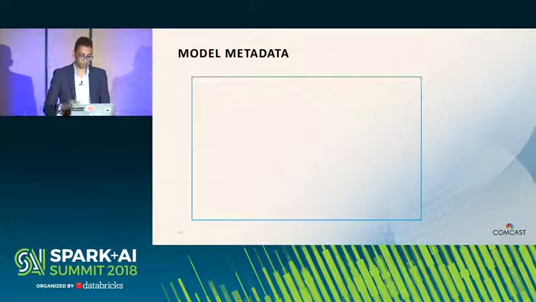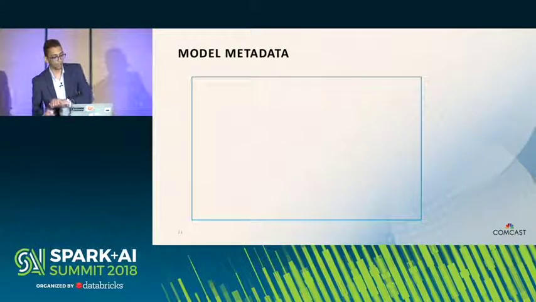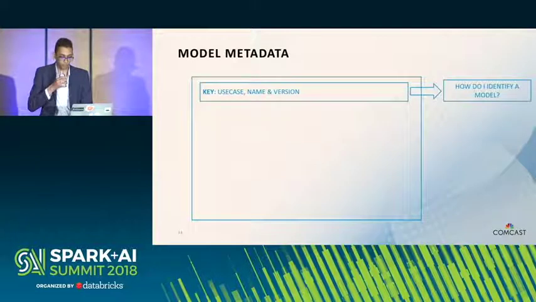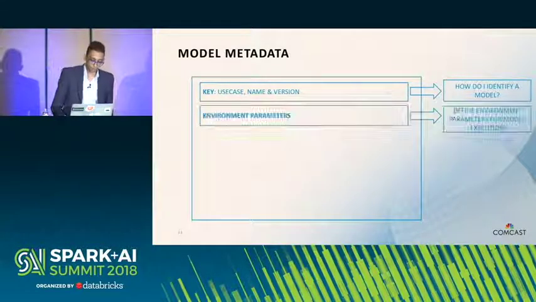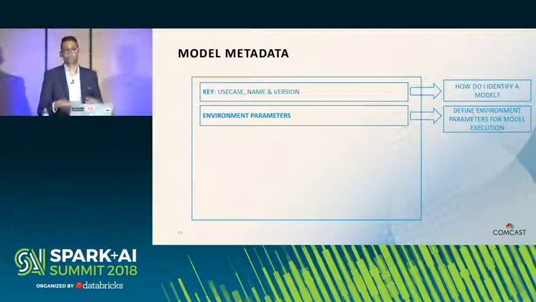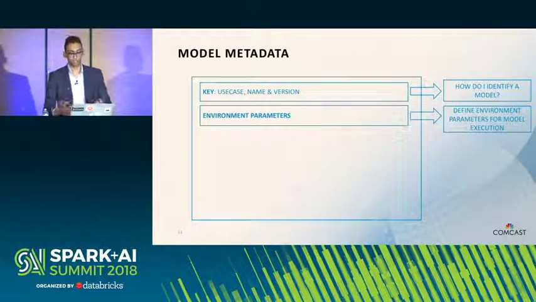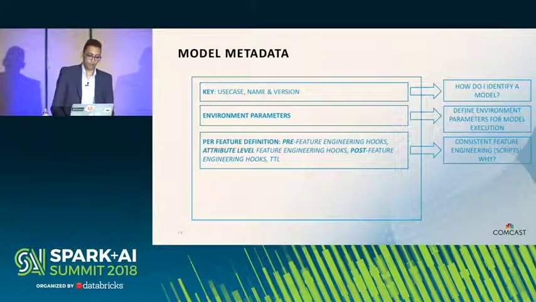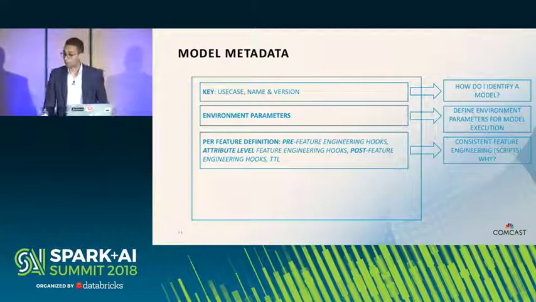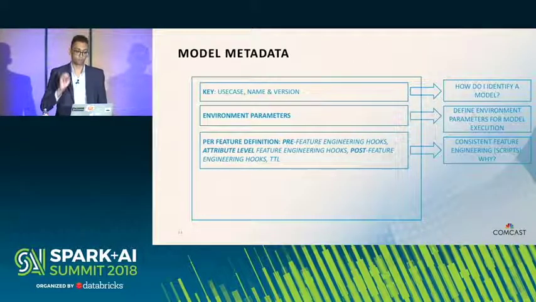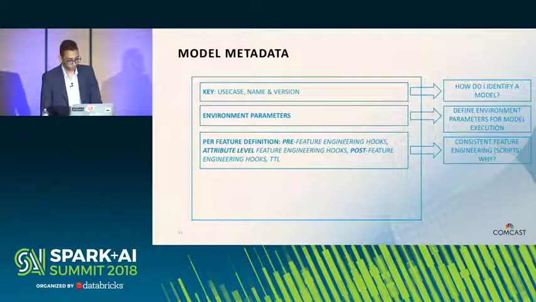In addition to the feature metadata, we also have model metadata. The model metadata is very similar. It has identifying information. It also has environment parameters, such as how we're executing it, whether it's a SageMaker endpoint, some Lambda function, whatever. It also defines any additional feature engineering that needs to be done, such as model-specific dimension reduction or model-specific encoding.